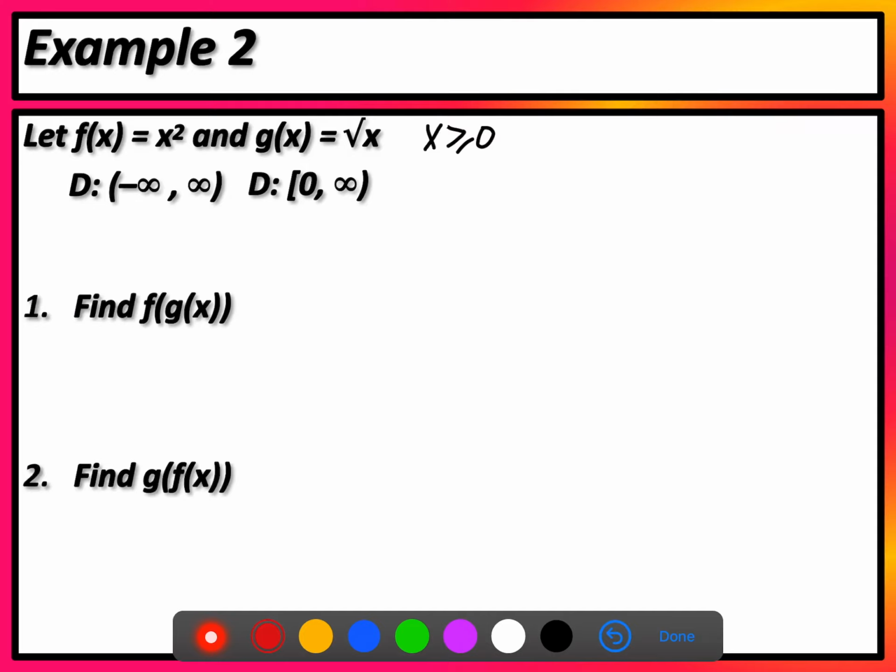All right, so we're going to do both compositions. So plugging g, which is the square root, into the quadratic. Okay. When you square a square root, they cancel, and we get x.